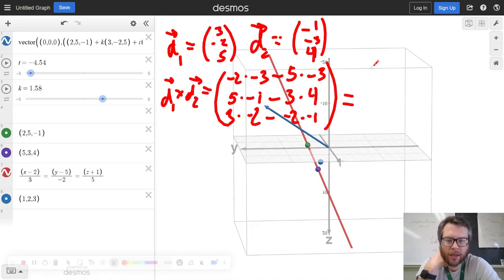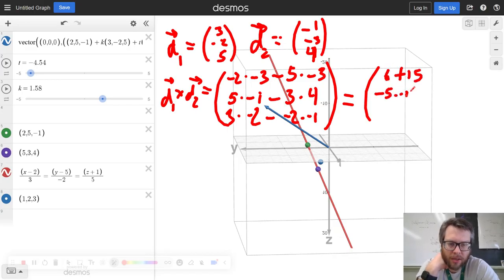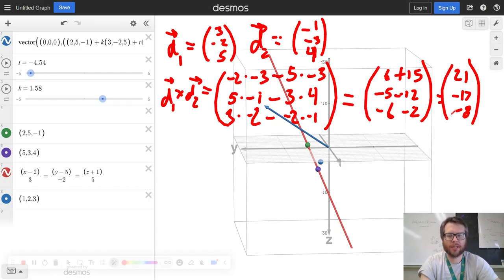After all that work, I get 6 plus 15, -5 minus 12, and -6 minus 2. So unless I made a mistake, which is really possible, I get 21, -17, and -8.